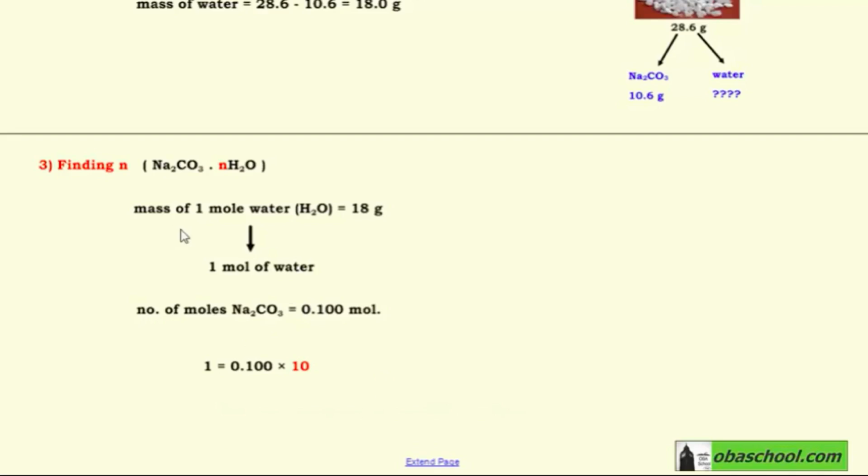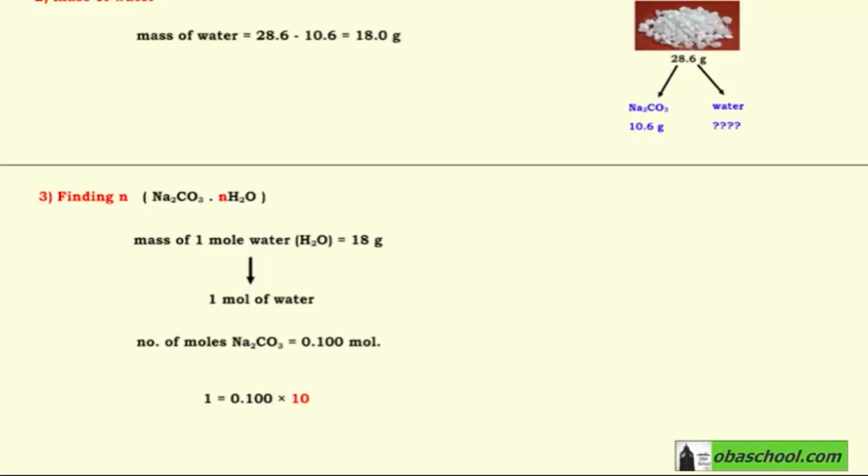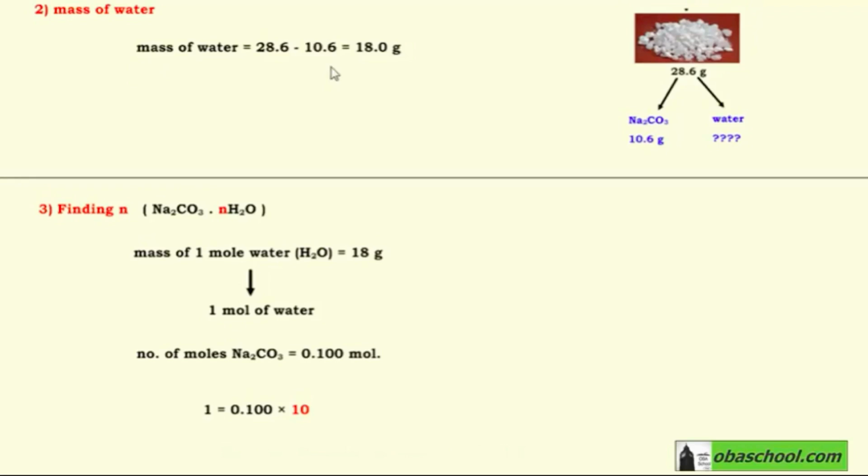Let's repeat. The mass of 1 mole of water is 18 grams. So this is the mass of 1 mole. So we have 1 mole of water. We said that the number of moles of sodium carbonate is 0.1. If I want to compare between the number of moles, I notice that the number of moles of water is 10 times more than the number of moles of sodium carbonate.